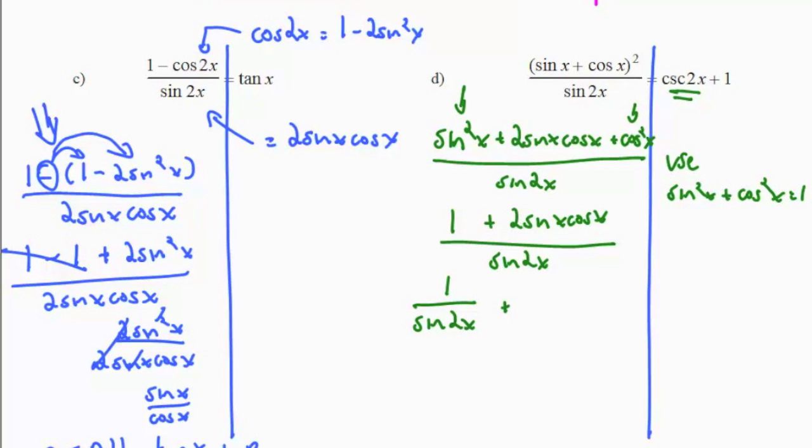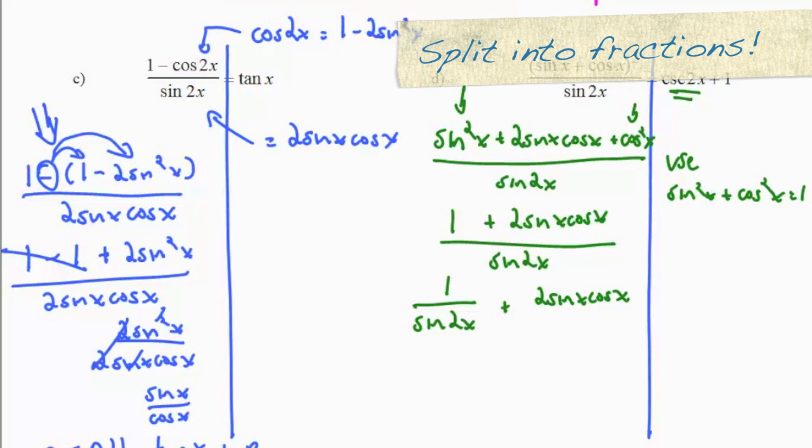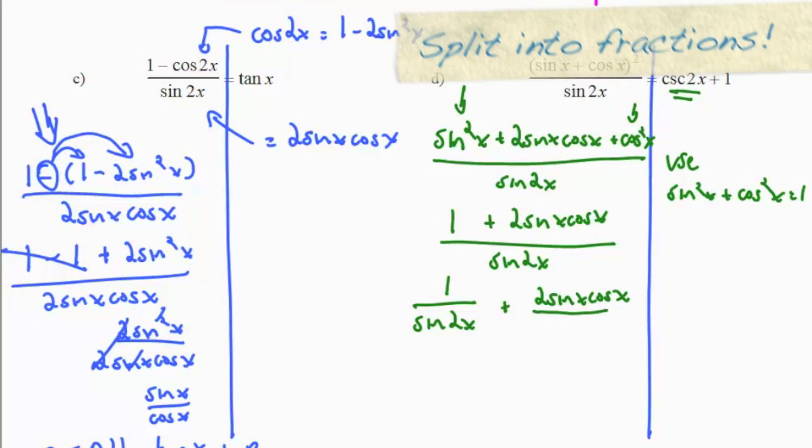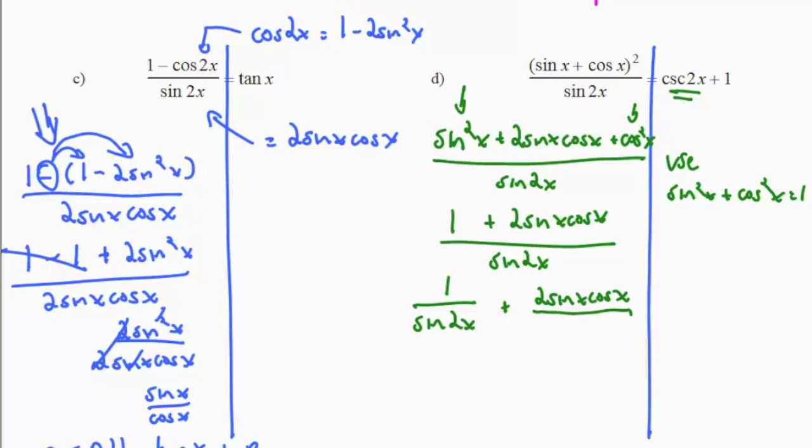So we've got two terms in the numerator and one term at the bottom. Let's separate this into two fractions: 1 over sine of 2x plus 2 sine x cos x over the denominator. Now, you'll notice that the numerator is 2 sine x cos x. The bottom we could leave as sine of 2x, or again realize that sine of 2x equals 2 sine x cos x, which means we can just input that right there.